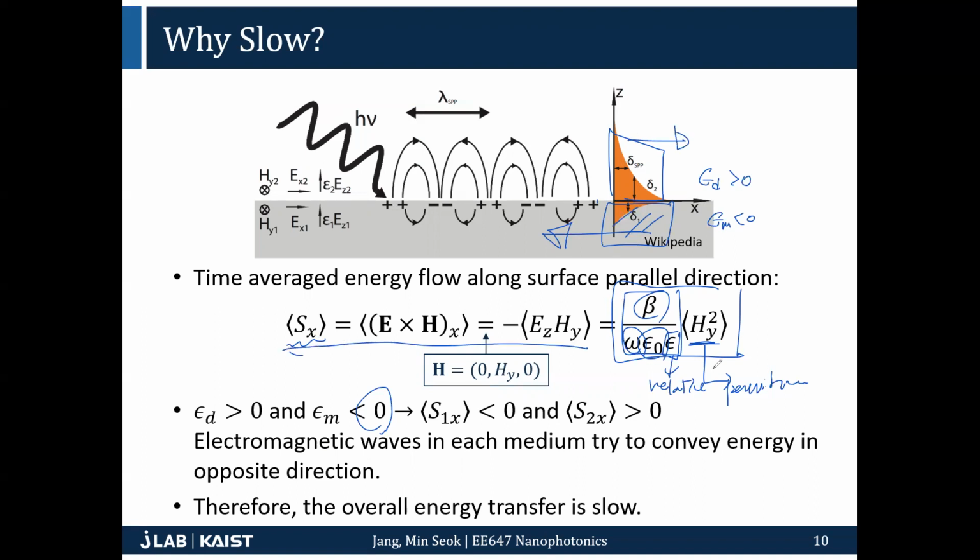That's what this relation says. So of course, the forward directional power flow is higher than the backward directional power flow. So overall, this one goes forward, but it's slow, right? Its energy transfer is much, much slower than the regular wave, where all the wave tends to go forward, right? So this is kind of a physical explanation why surface plasmons are slower than the free waves.